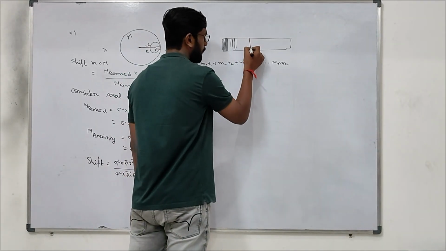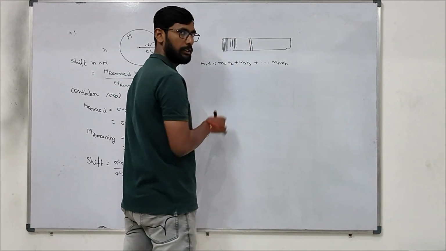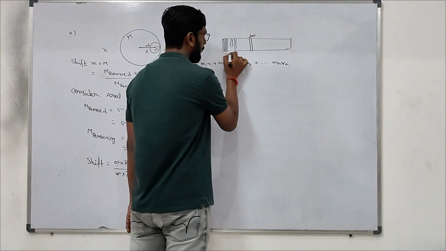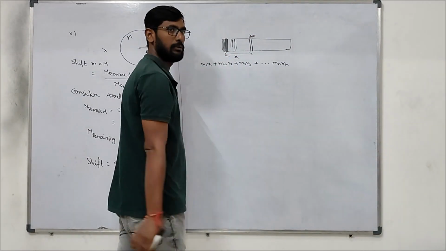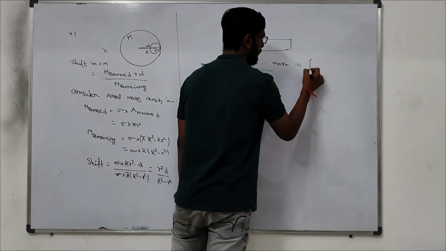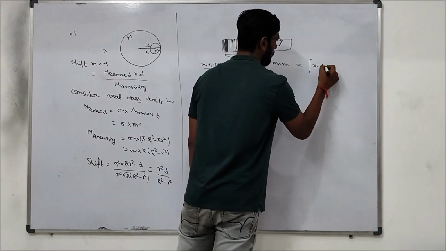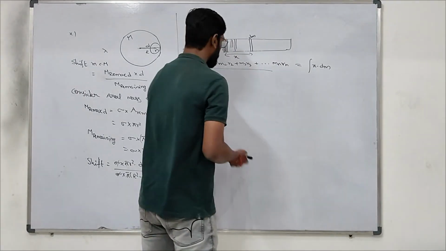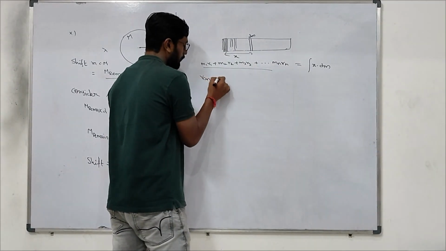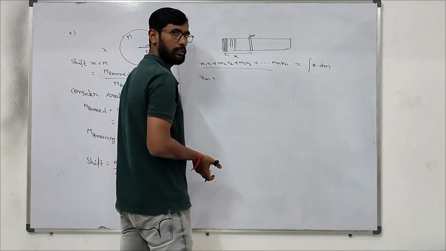So you consider there is a small mass dm at a distance x, right? Then the sum of this we can write as integral x dot dm, right? Then R_cm will be what? This by total mass.